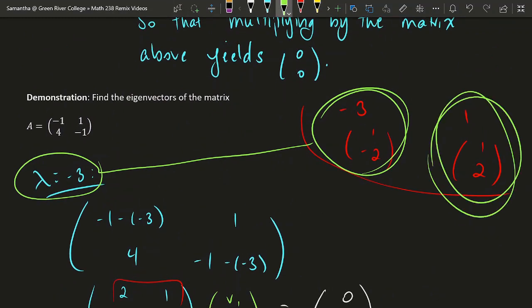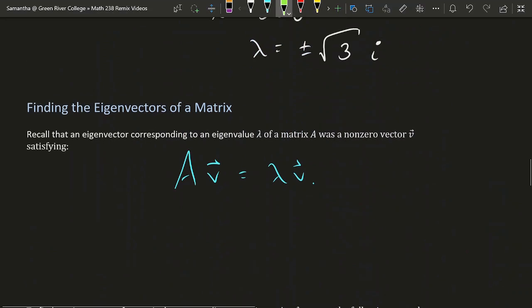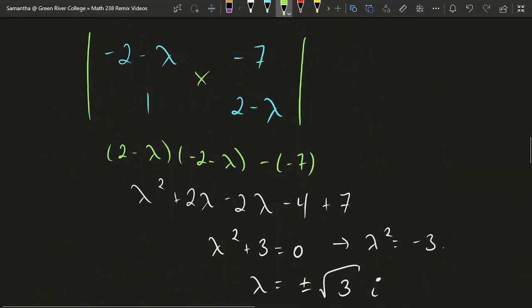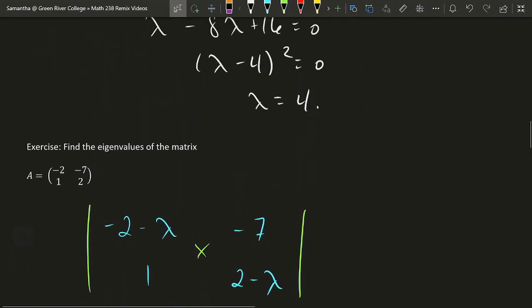So this procedure can be used to find the eigenvalues and eigenvectors of a matrix. You start by finding the eigenvalues by using the determinant process described in Part 1.